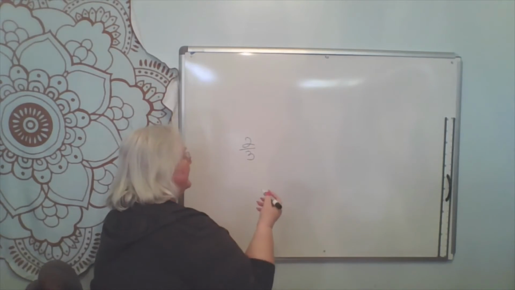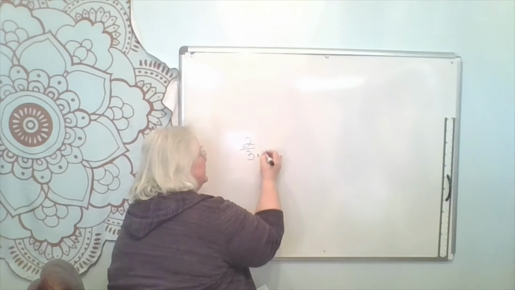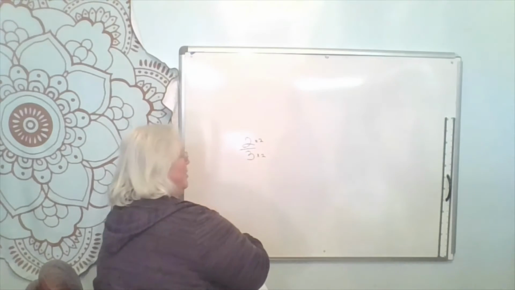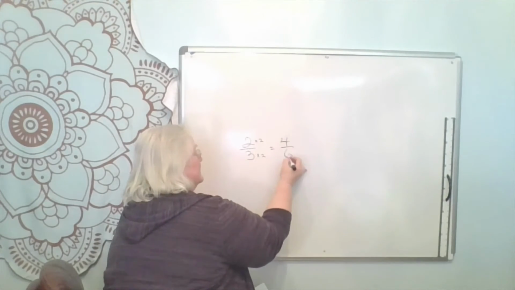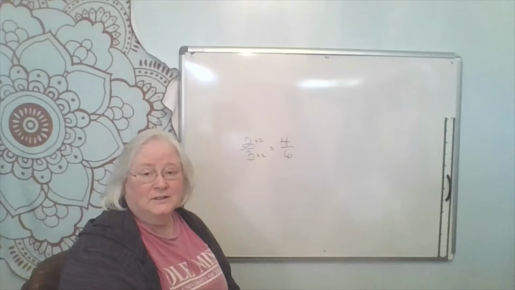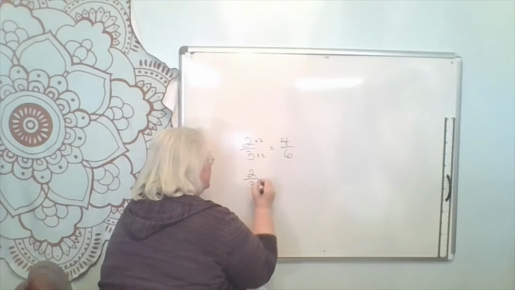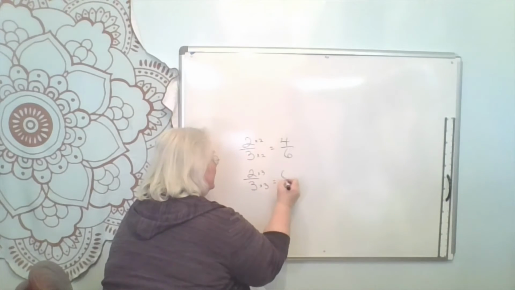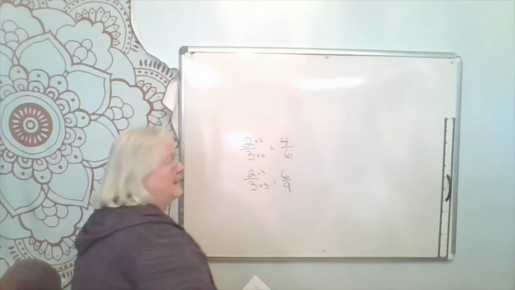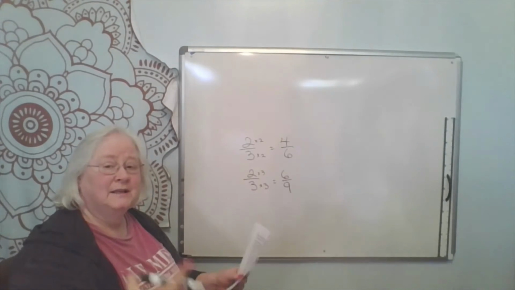So if we were going to find an equivalent fraction to 2/3, we can say times 2 on both top and bottom. So that would be 4/6, which is an equivalent fraction. Now we could also say 2/3 times 3 on the top and the bottom, and that would be 6/9, and that is also an equivalent fraction. So we can find an equivalent fraction.